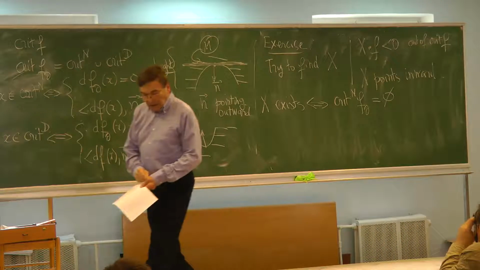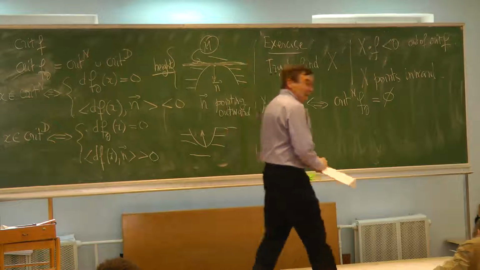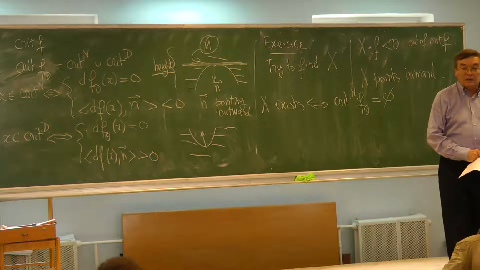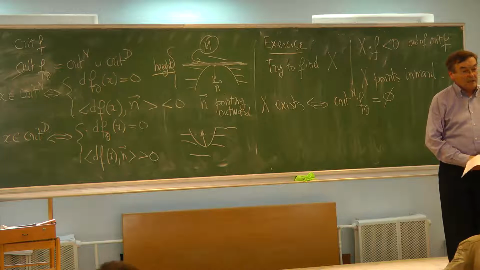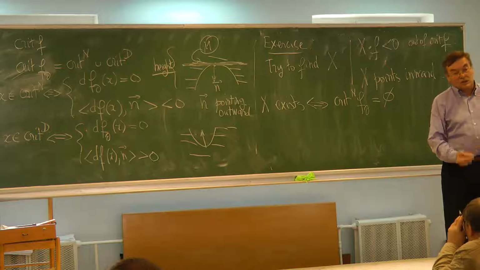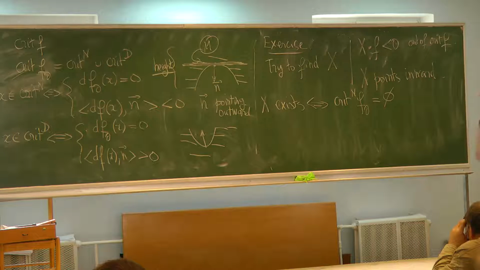And after the break, it will be very easy to find what is the good vector field which computes the homology of the manifold, and which is the vector field which computes the relative homology of the manifold. I would like to explain that.